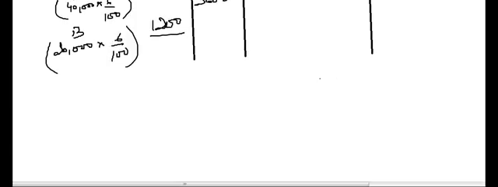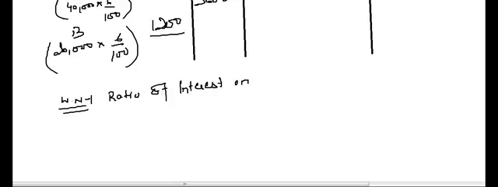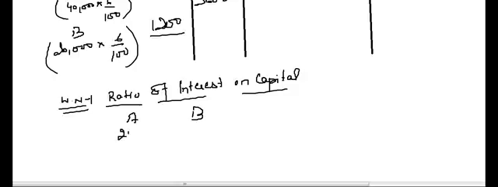Clear? We'll prepare the working note here. Working note number 1: ratio of interest on capital. A's interest on capital is 2400 and B's interest on capital is 1200.